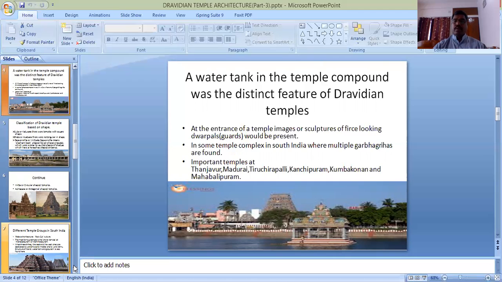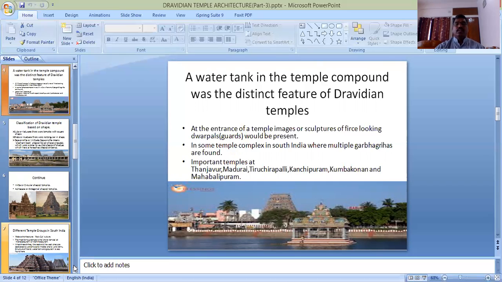In some temple complexes in South India, multiple Garbhagrihas are found. That means the Garbhagriha, where the main deity is settled, you will find in multiple numbers in South Indian temple architecture.